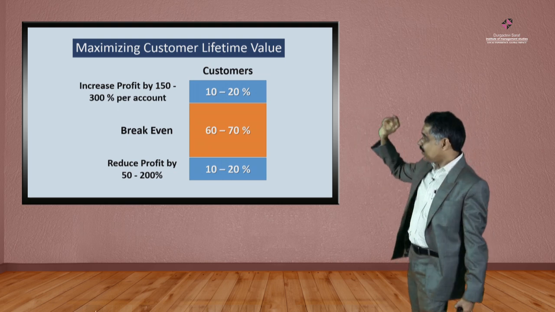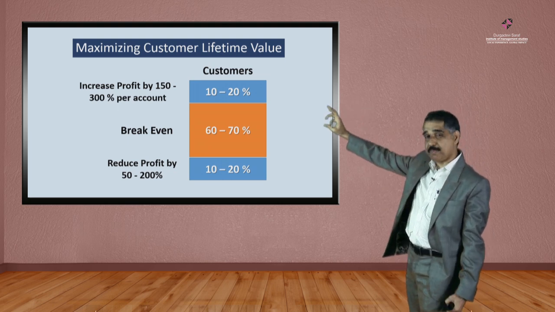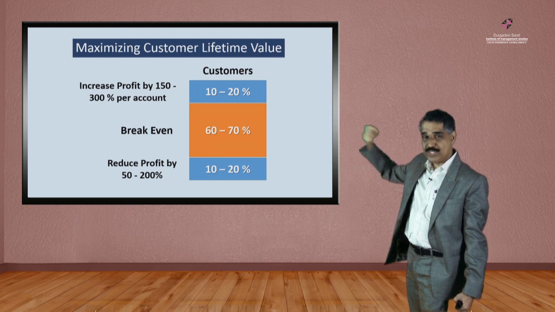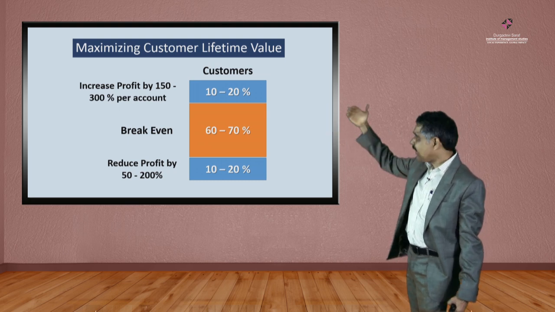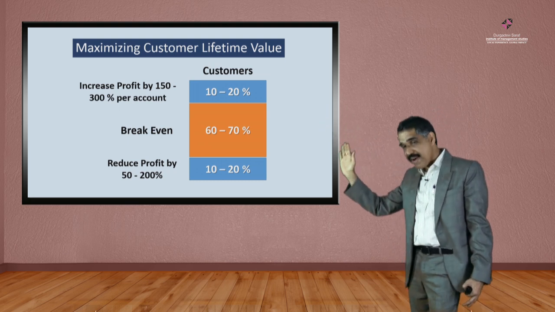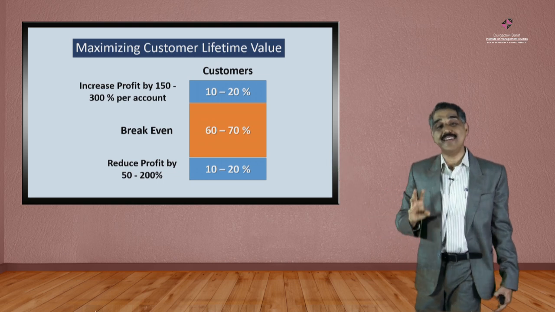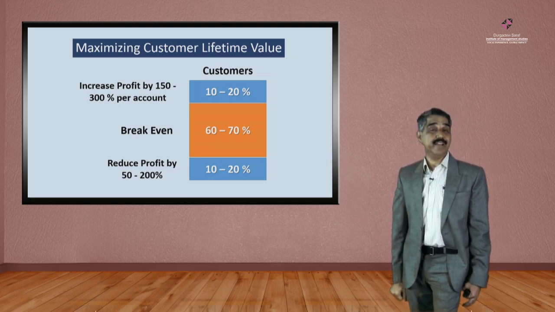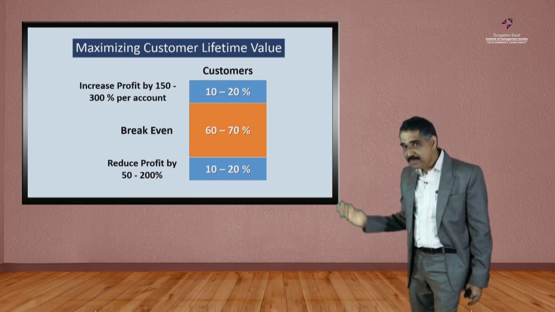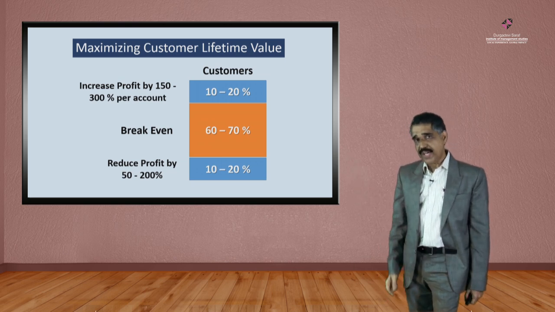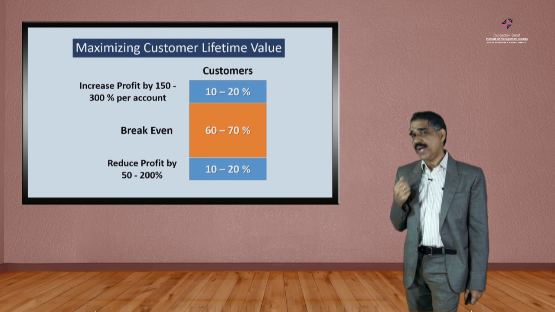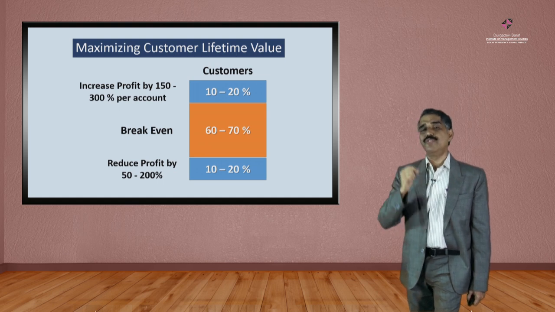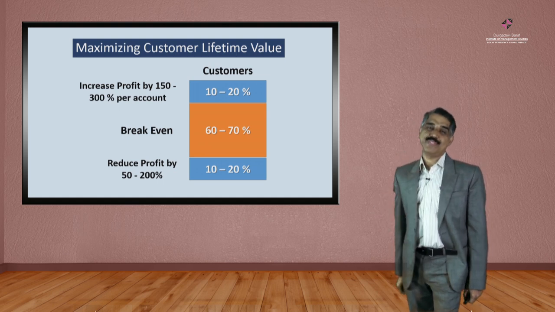You have got 10 to 20%, they can increase your profit by 300%, and you have the remaining 60 to 70%, they break even, and you have one chunk of customers, they can reduce your profit by anything between 50 to 200%. So now, as a marketer, you have to have a strategy for each customer segment.